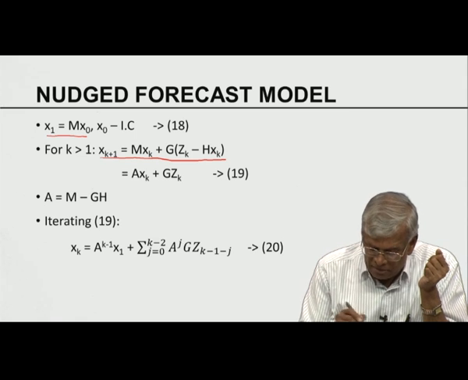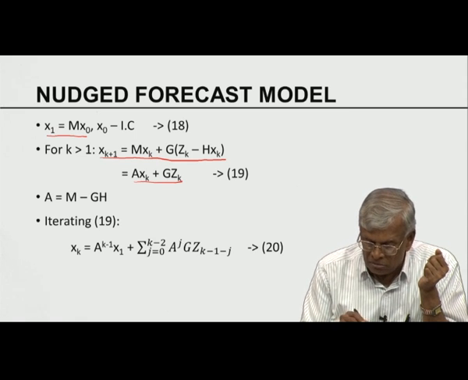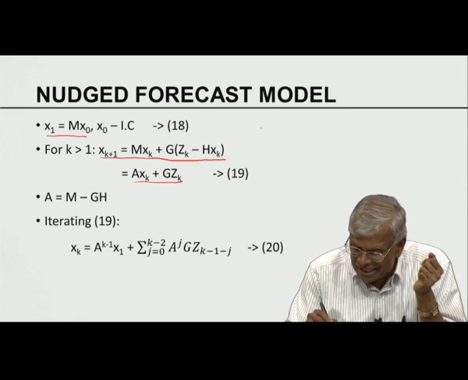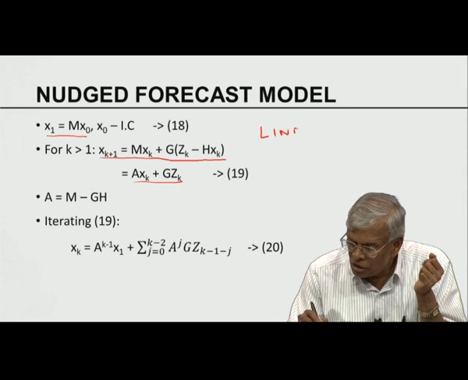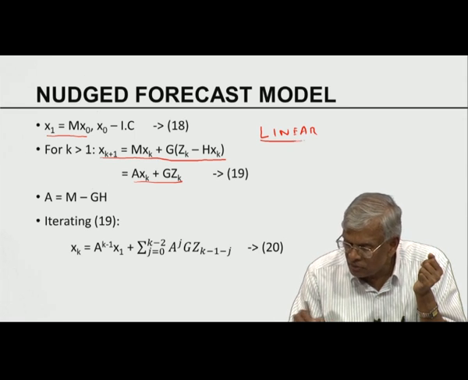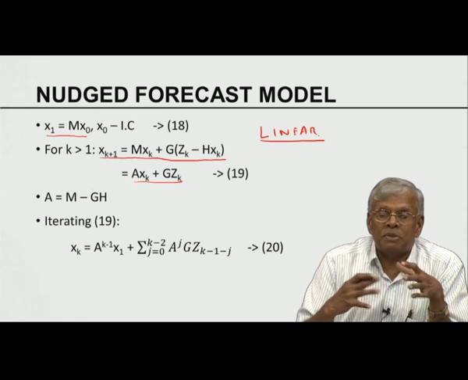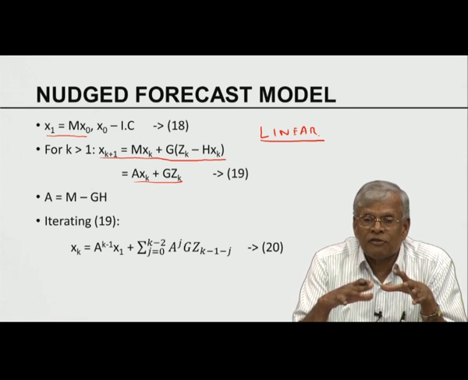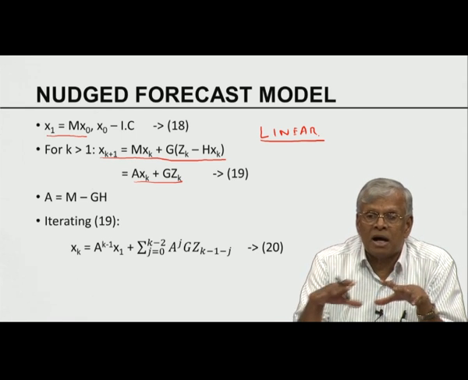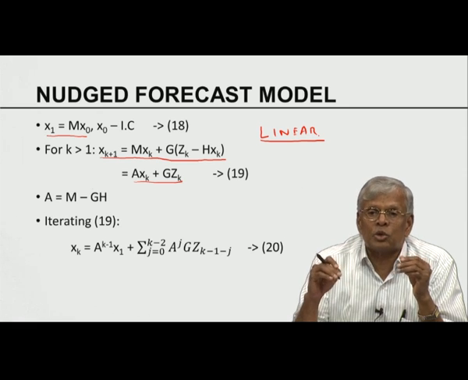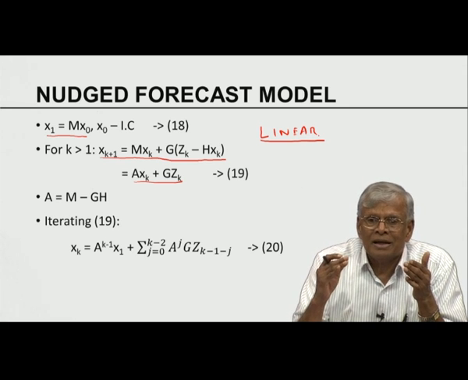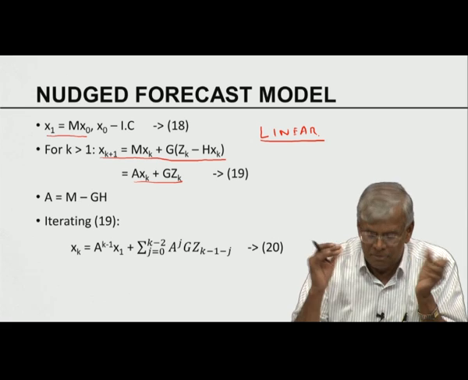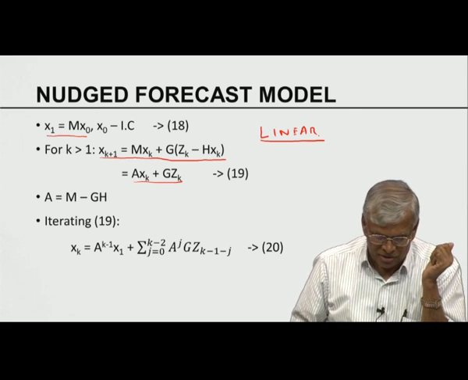The nudged model can be written like this because I am considering a linear model to be able to do things a little more precisely. For nonlinear, I would like to expose the difficulty for the linear model. If the linear model is difficult, the nonlinear model is at least one notch more difficult than the linear model. That is the aim in this discussion.